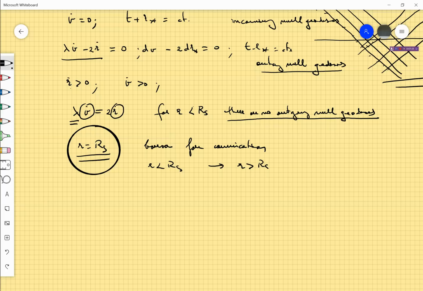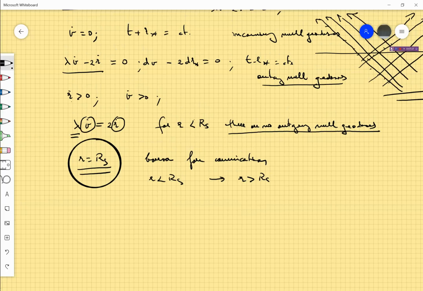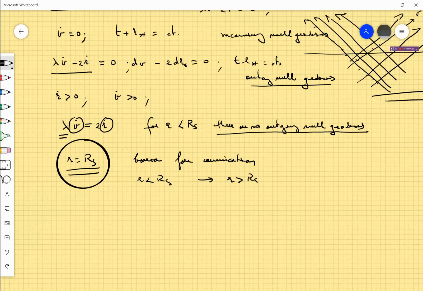The problem with this exercise is that it is difficult to visualize the situation in the whole space-time. We know this coordinate r, and we know that r equal to rs divides space-time into regions, but we still don't know if there is some shortcut that allows you to escape the barrier, maybe something like this or something like this.